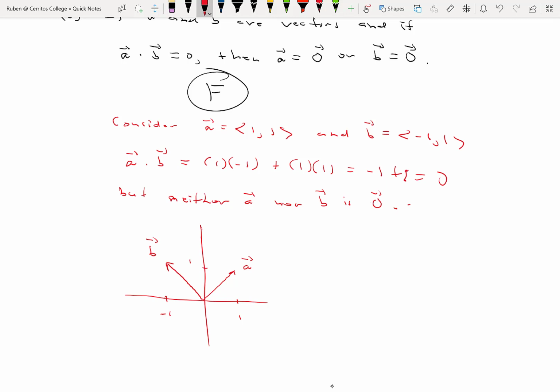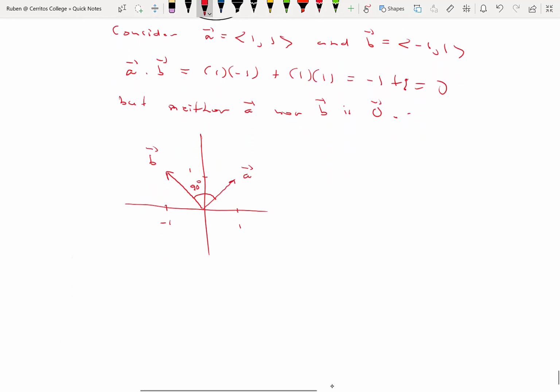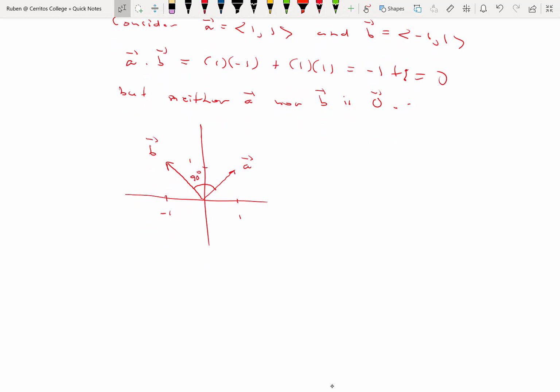The angle between those vectors is 90 degrees. So if A dot B is equal to 0, then it could be that A is 0 or B is 0, or it could be that those vectors are perpendicular, or orthogonal.